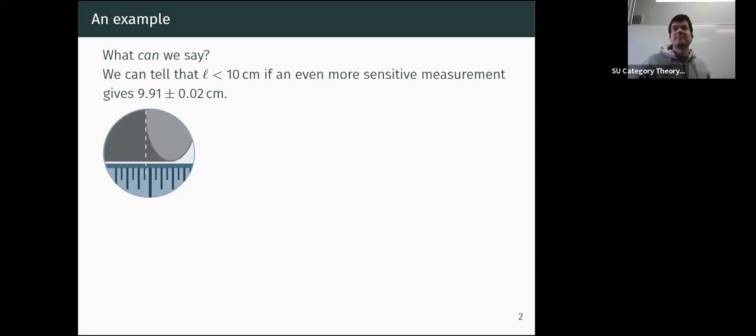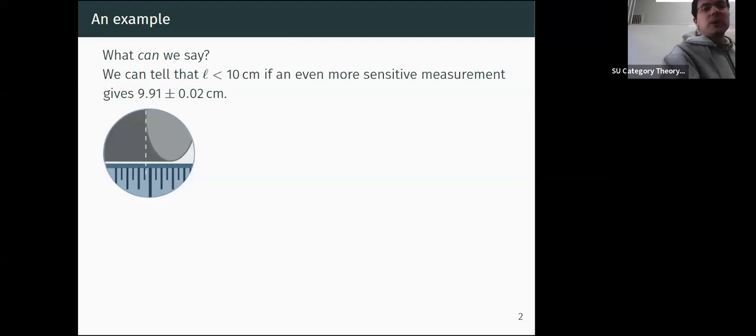So here, as in the example, I'm saying something similar to that, but I guess simpler. So we can say that its length is, say, strictly less than 10 centimeters. So if it was less than 10 centimeters, we would be able to tell that if, say, we did some measurements and we see that it's 9.91 plus or minus 0.02 centimeters.